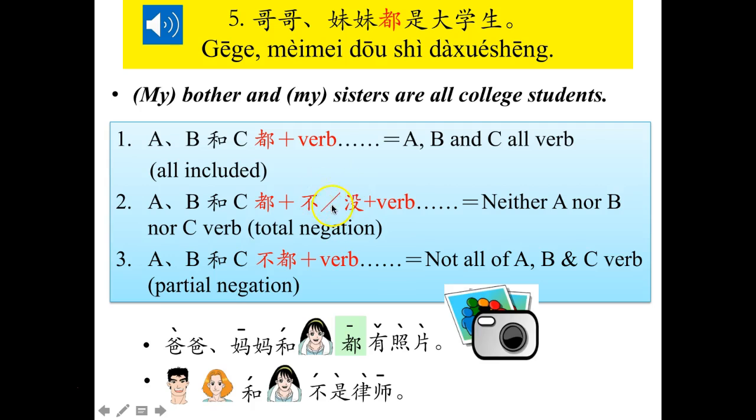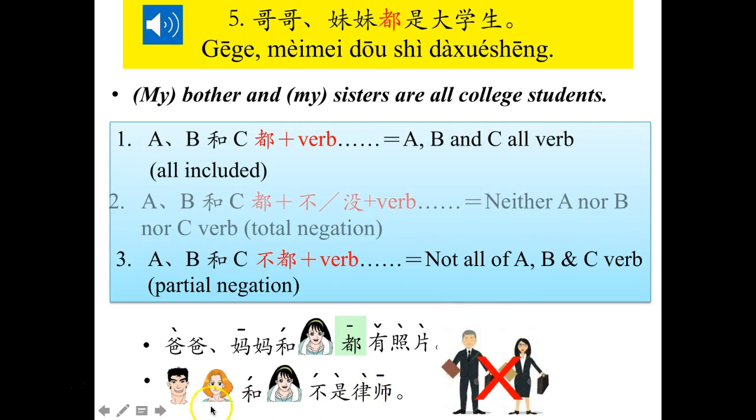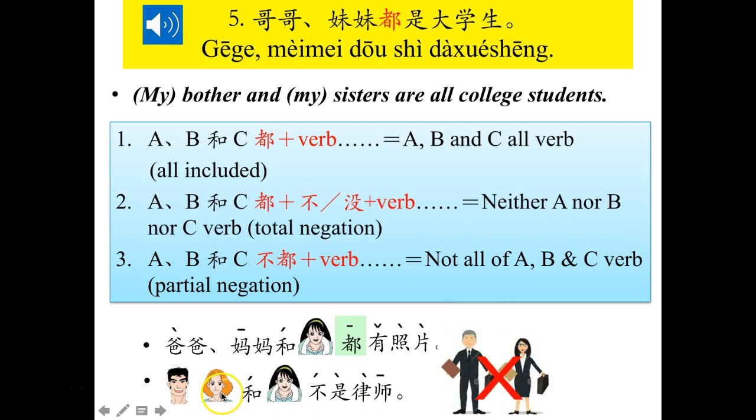好, now, if it's a negation, 都 goes before the negation. Treat this negation as a verbal phrase. In this case, it means neither A nor B nor C. So in Chinese, we don't have a good translation like English neither nor for the negative case. So use 都 and make the sentence negative, and it means neither nor. 好, in this case, for example, 王鹏、李友和白英爱 none of them are lawyers.